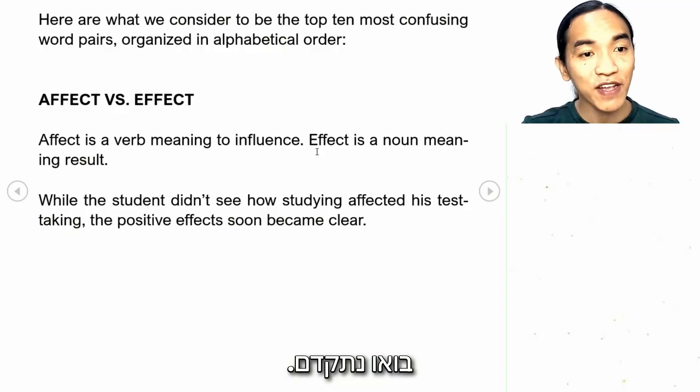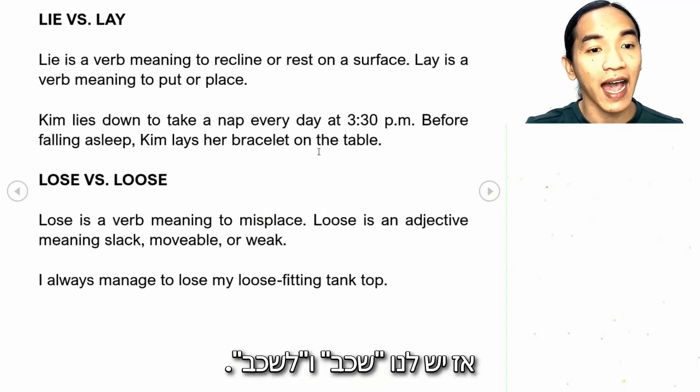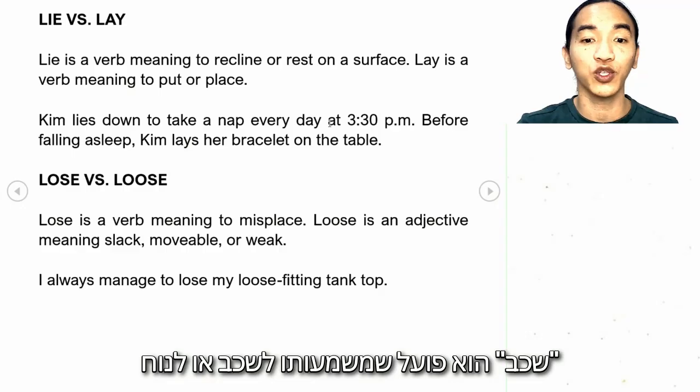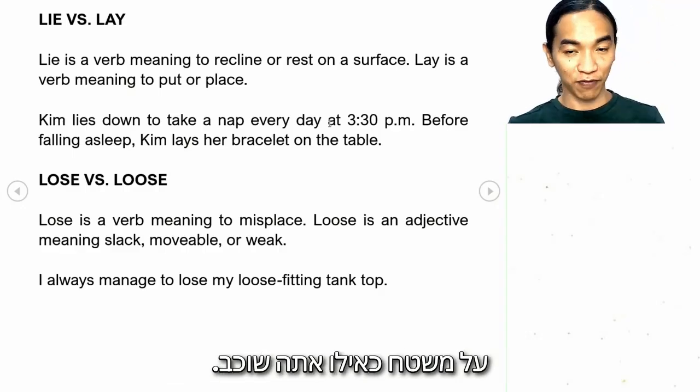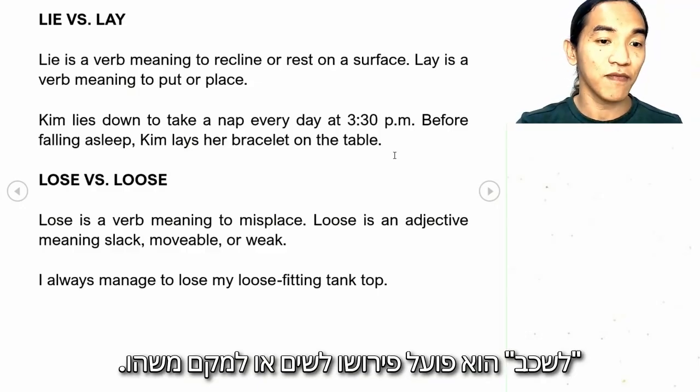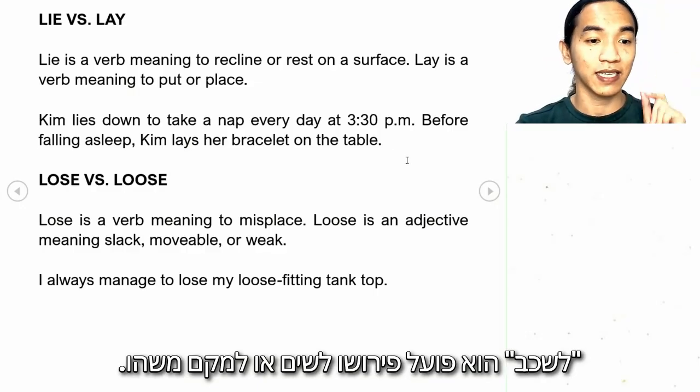Moving forward, we have lie and lay. Lie is a verb meaning to recline or to rest on a surface, as if you are lying down. Lay is a verb meaning to put or to place something.